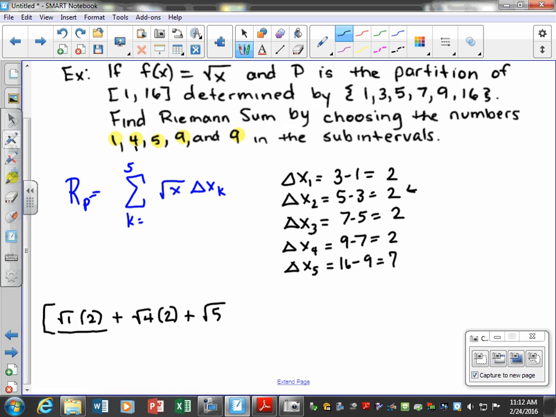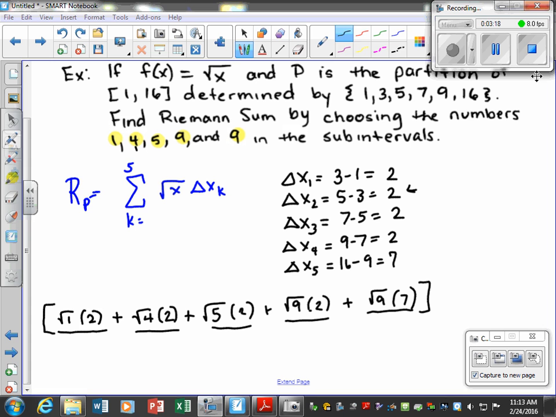So we have square root of 5 next, times 2, plus square root of 9 times 2 is our next rectangle. So these are individual rectangles. Remember, we will have 5 in total. And then we'll have square root of 9 times 7. And we will calculate that up and get an answer.